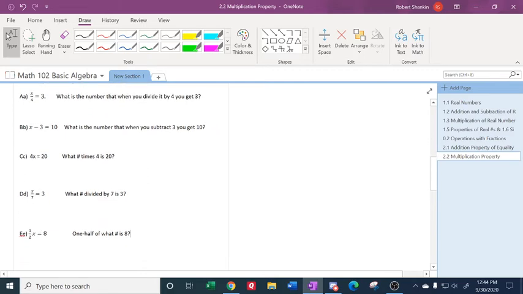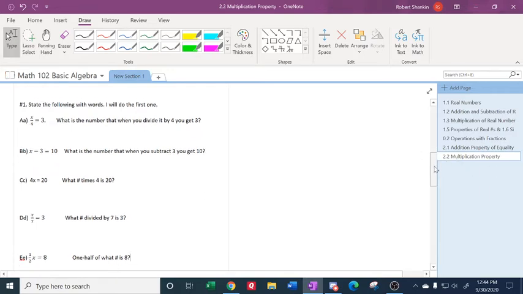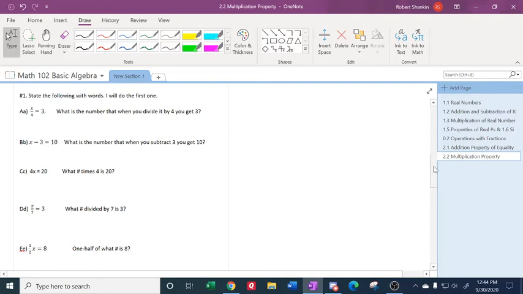What we're going to do next is come back with these and use the solution process on each one of these. And on A, we have x divided by 4 is equal to 3. Now the solution process is this.